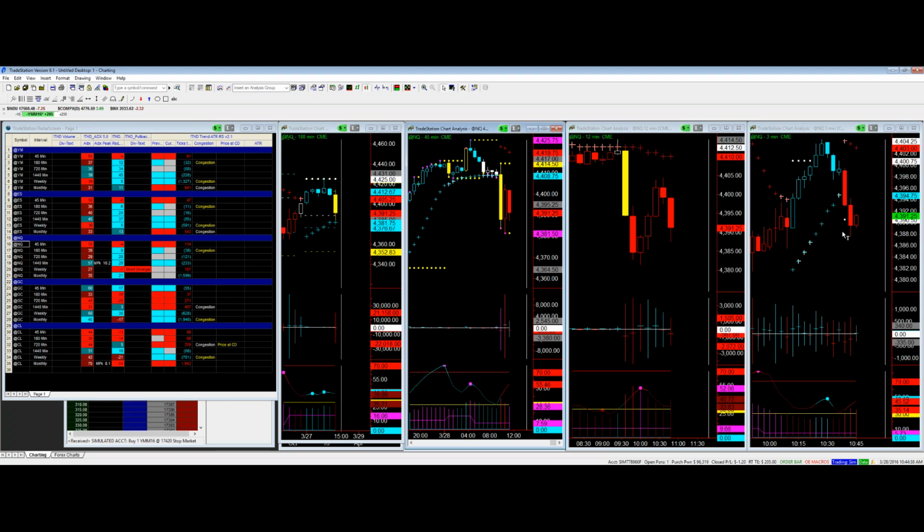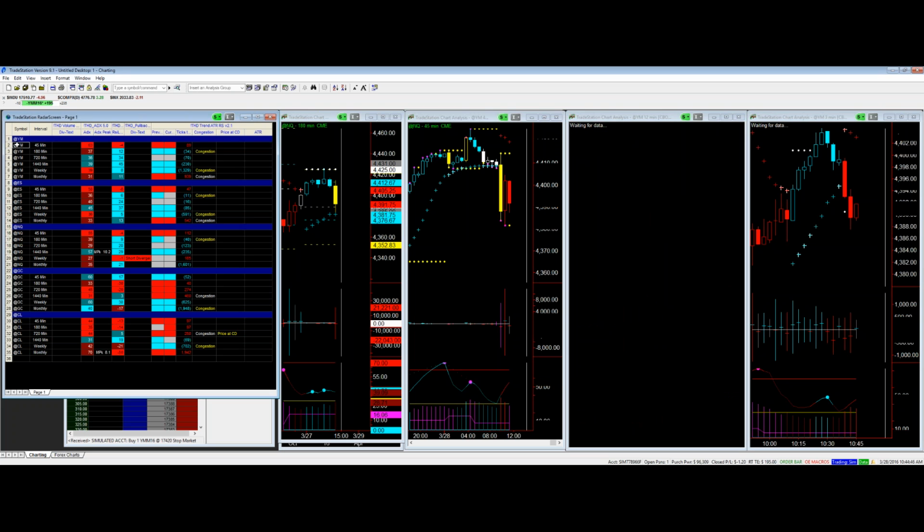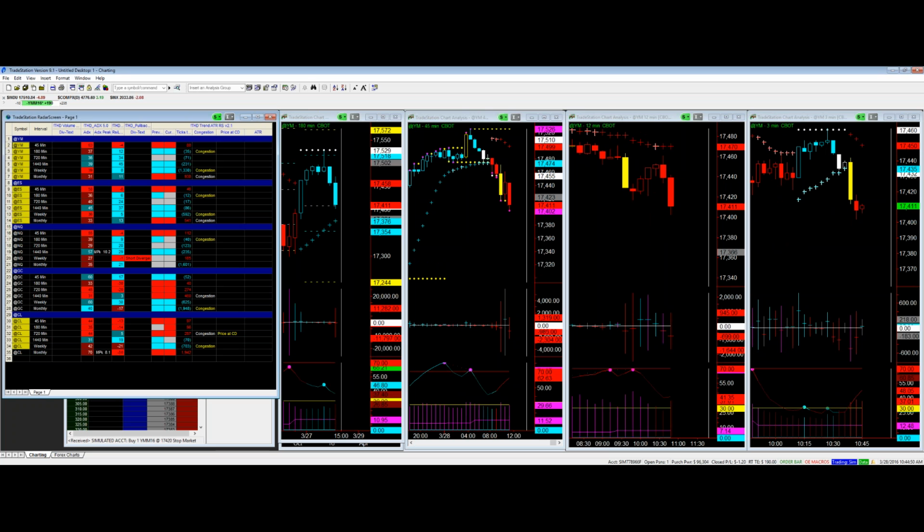I don't trade the NASDAQ as much because it tends to beat to its own little drum. But you did definitely have it on the YM and on the ES.